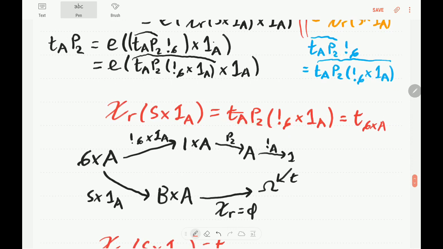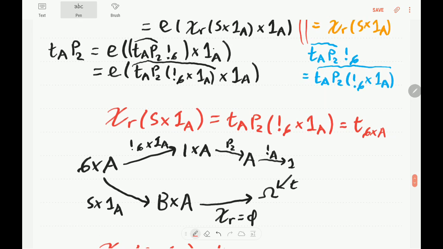Well, this thing on the right is TA after P2 of exclamation mark zeta times 1a, and if we just draw that out, we see that it's an arrow which goes from zeta times a, does a load of stuff, then goes to the terminal object. Well, there's only a unique arrow from here to the terminal object, and then it goes t. So it's t of zeta times a.